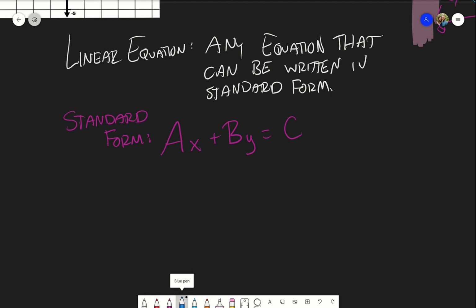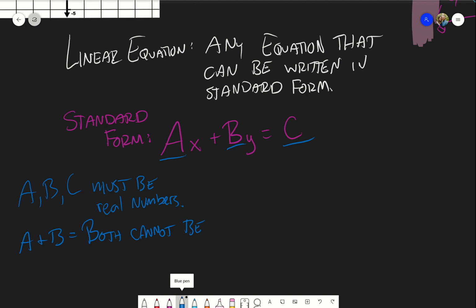So standard form, we're dealing with A, B, and C. And we need to know some things. A, B, and C must be real numbers, and A and B both cannot be 0.